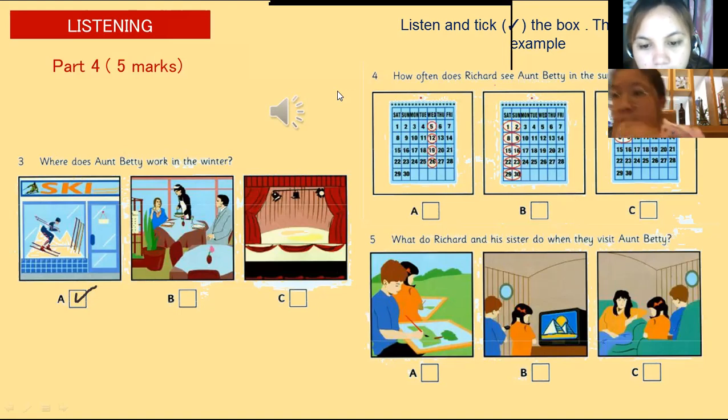Sometimes we stay with her for a weekend on the boat. 5. What do Richard and his sister do when they visit Aunt Betty? My sister and I love staying with Aunt Betty. It's very different from home. How is it different? Well, she hasn't got a TV, so we can't watch anything.